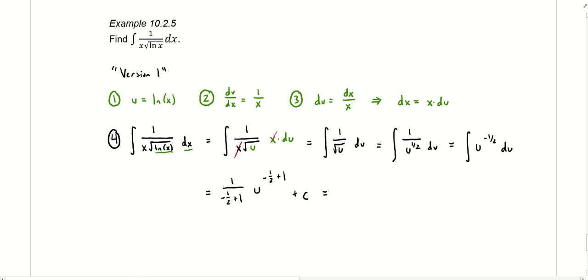That looks a little rough, so let's see if we can simplify that a little bit. 1 over negative 1/2 plus 1, that's 1 over 1/2. And then I've got u to the negative 1/2 plus 1, that's u to the 1/2 power. 1 divided by 1/2 is 2. So 2 times u to the 1/2 plus c, which, let me put that square root back in there instead of the power of 1/2. This is 2 times the square root of u plus c.